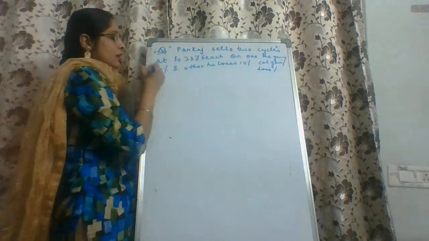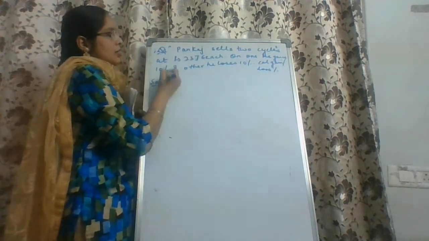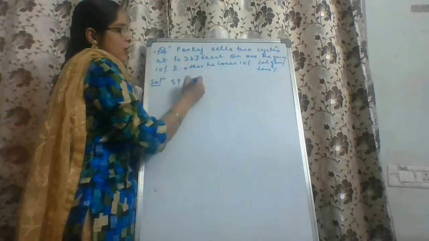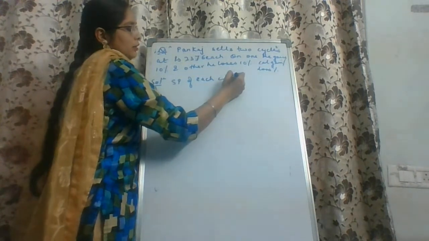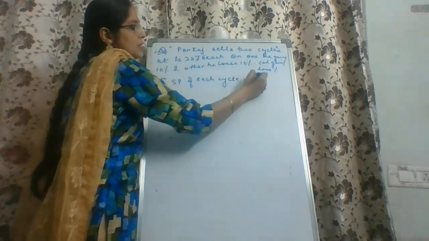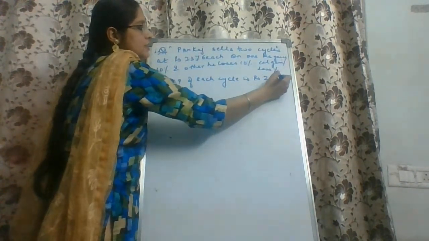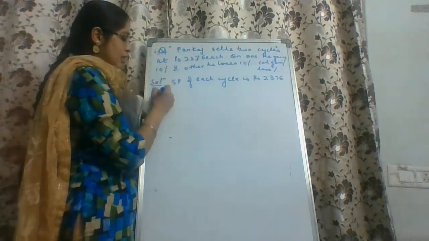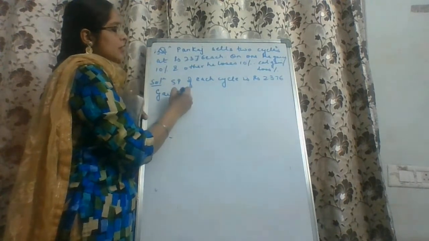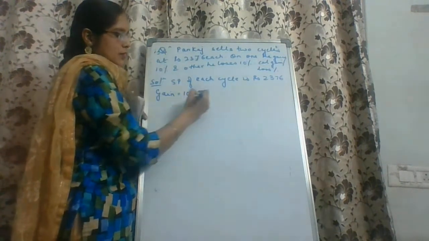Now see children, the selling price of each cycle is rupees 2376. On one he is gaining 10%. So when the gain is 10%, what is the cost price?